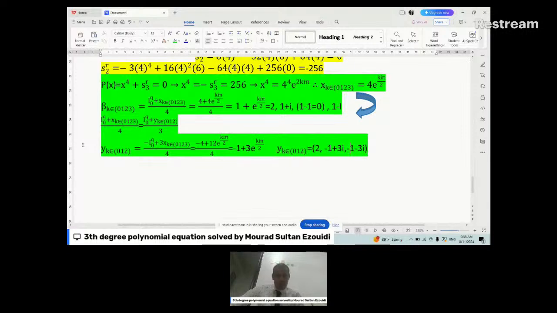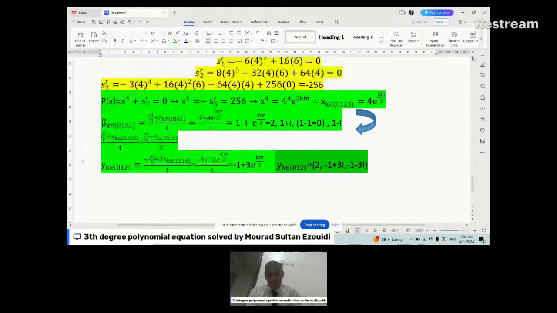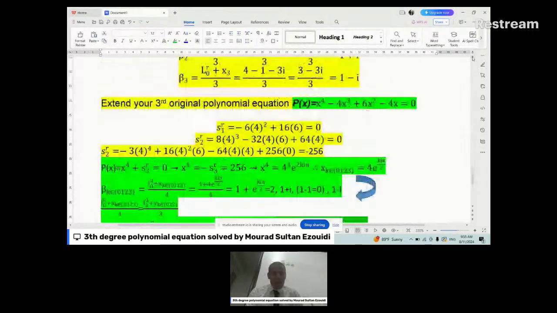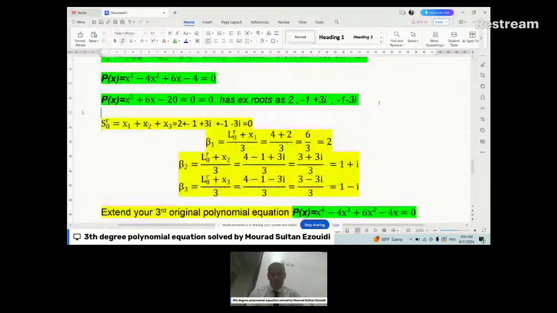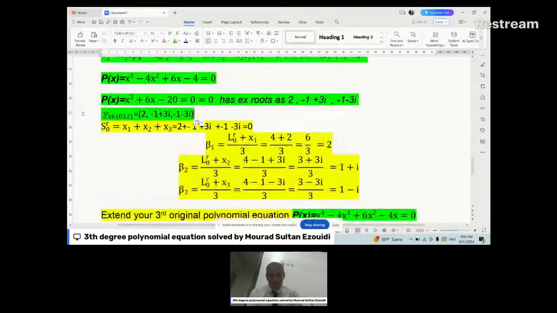You see, this one is the x roots of what, learners? Of the third degree equation. I already explained this before. I would write it here. This is 2, minus 1 plus 3i, minus 1 minus 3i. Here, what we told before: here you can say x1 here, y0, for example, x2 here, y1.